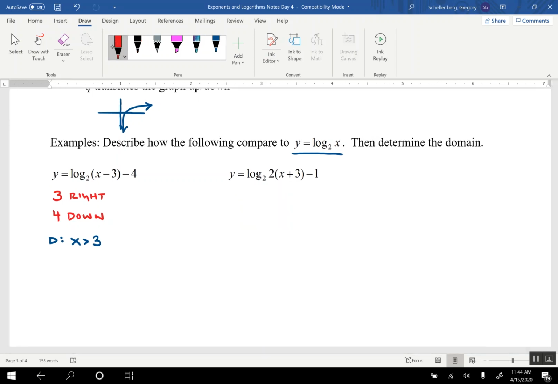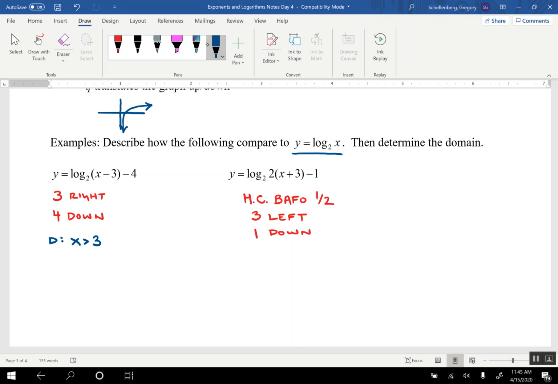So next one here, what are our transformations? Well, we've got a b value of 2, so that is going to be horizontal compression by a factor of 1/2. We've got a shift of 3 units to the left and a shift of 1 unit down.